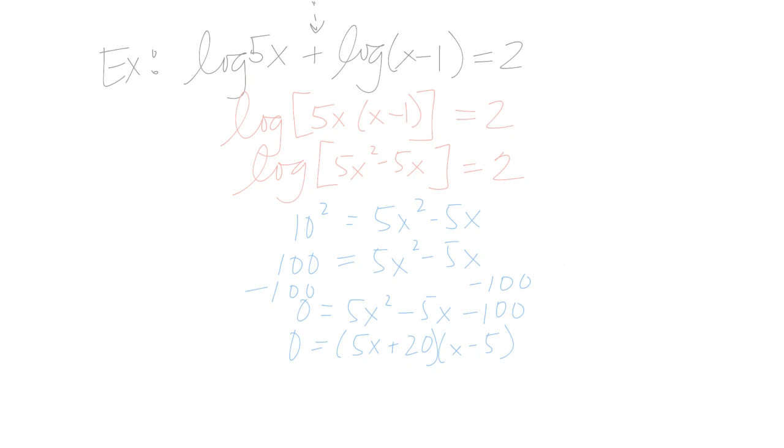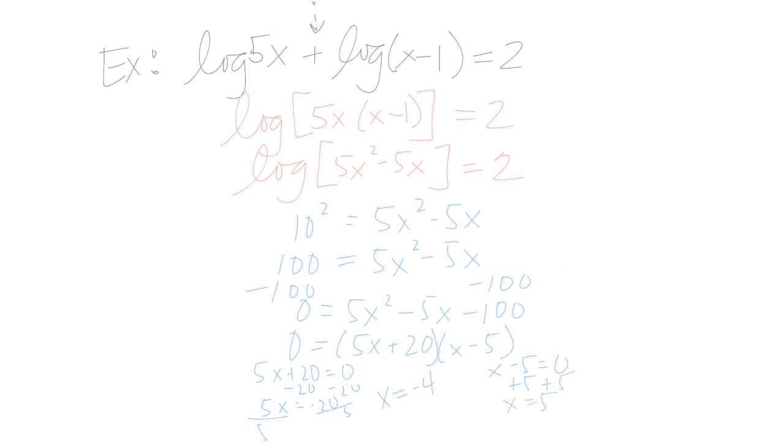So then we use the zero product property, set both equal to 0, and I have 5x plus 20 equals 0, and x minus 5 equals 0. So for this one, I subtract 20, get 5x equals negative 20, divide by 5, and you get x equals negative 4. And then for this other one, you add 5 to both sides, and you get x equals 5.